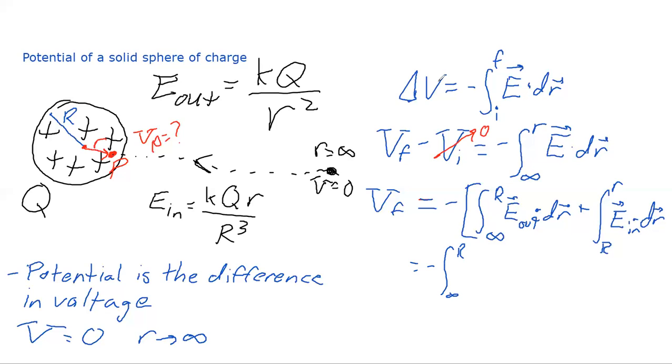E out, KQ over R squared, dr, minus the integral from R to lowercase r, and E in, KQ r over R cubed, dr.